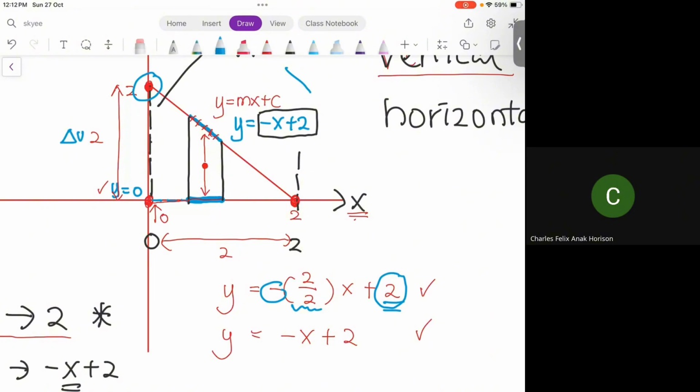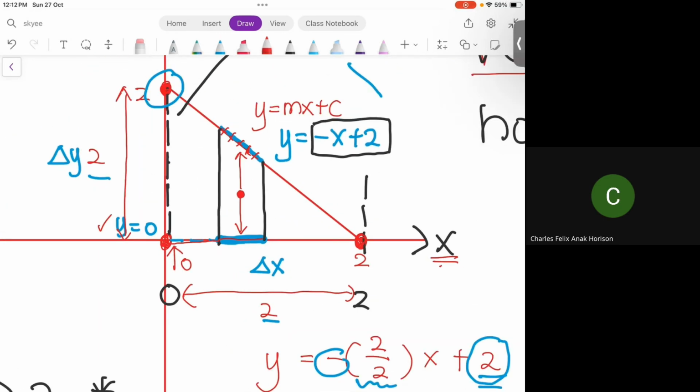Here is 2, here is also 2. So I take 2 divided by 2, and I get these equations. Now when I look up, I see a straight line equation, and the equation is this.